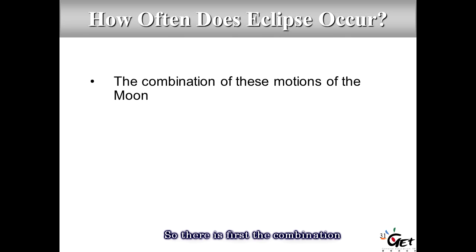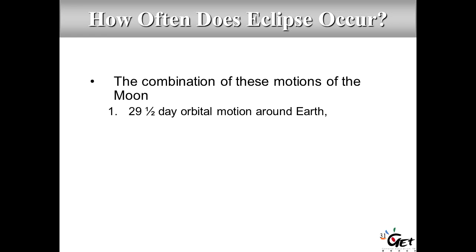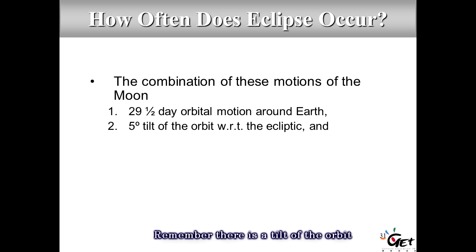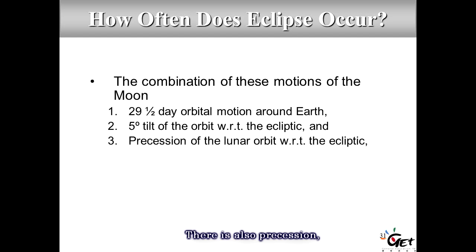So there is first the combination of the motion of the Moon. Remember, the Moon orbits the Earth with a period of 29.5 days. Remember that there is a tilt of the orbit of the Moon with respect to the ecliptic, which is the origin of why sometimes we don't have an eclipse and sometimes we do. There is also a precession of the lunar orbit with the ecliptic.